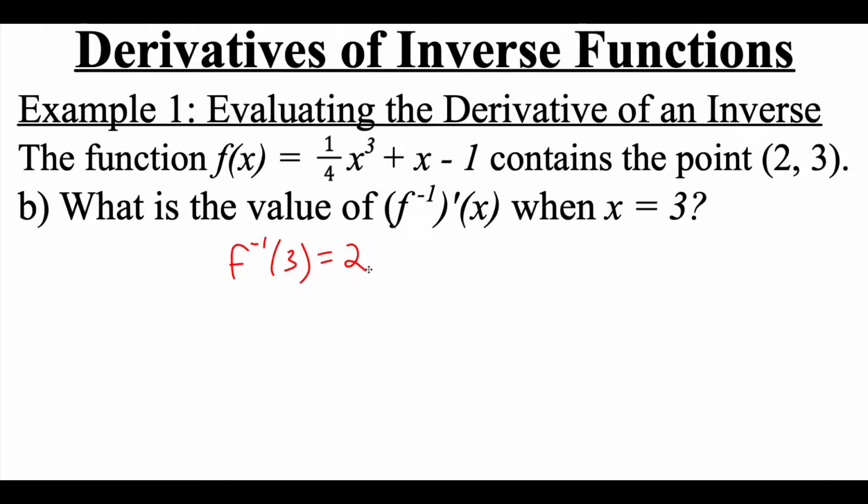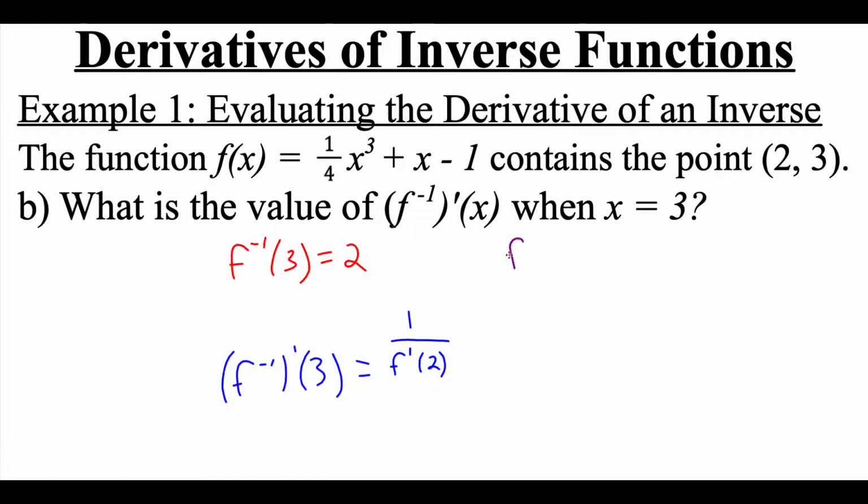So if we want to calculate this derivative, if we want to do the derivative of that inverse function at 3, then what we need to look at is 1 over the derivative of our original function f at 2. So looking back at our original function f, the first thing I want to do is find its derivative.